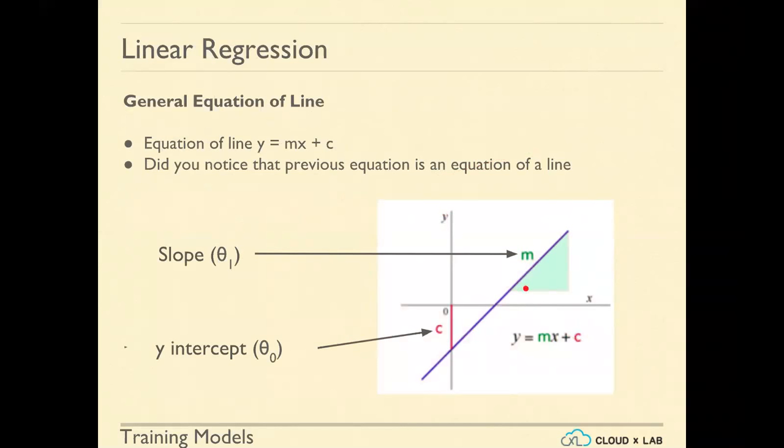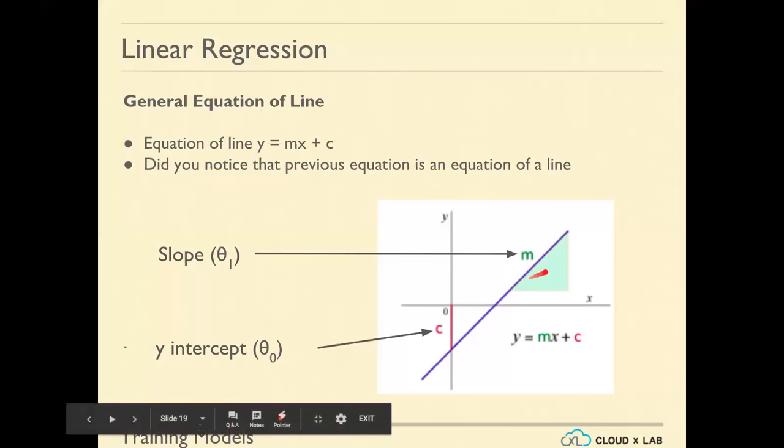Basically, m is a function of this angle. The more the angle, the more the slope, and the less the angle, the less the slope. So y equals x into slope plus c. C is this distance. If you put x equals 0, where does this line meet the y-axis? We also call it y-intercept. So this is how we used to draw it.